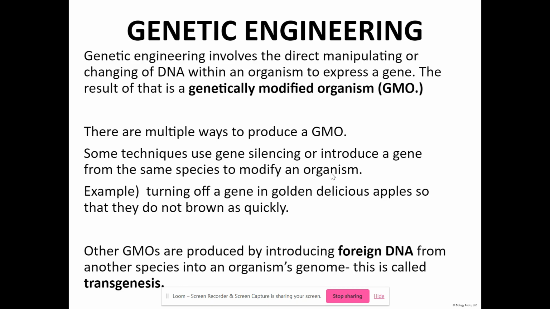We'll look at a process that allows scientists to make a lot of copies of particular sections of DNA or particular genes so that they can be studied or modified. And in this section, we'll wrap up with cloning.